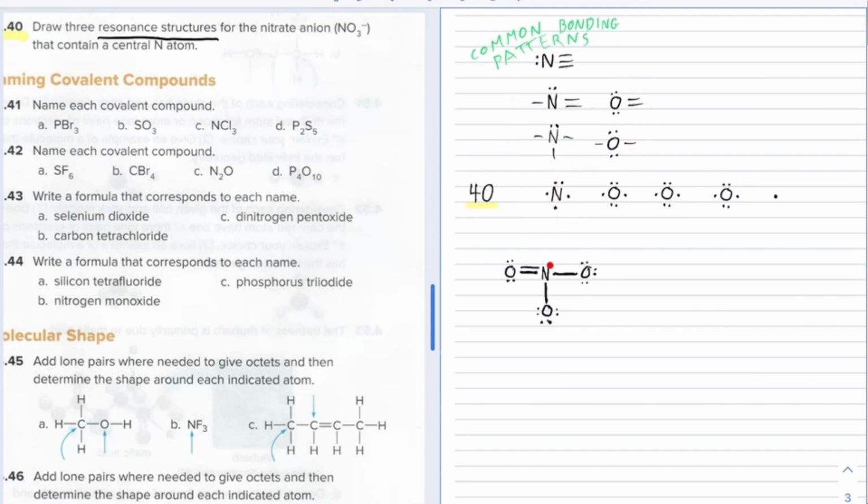But this is a non-common bonding pattern for nitrogen. Notice that it has 4 bonds, a double and 2 singles, okay? It has 4 bonds, but it keeps its octet. That's the important part. The octet rule must be satisfied for nitrogen and oxygen and carbon.